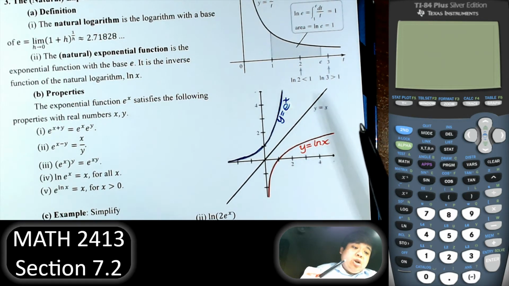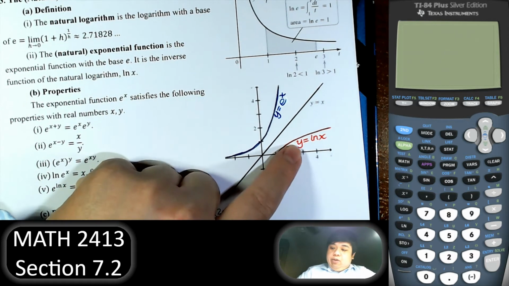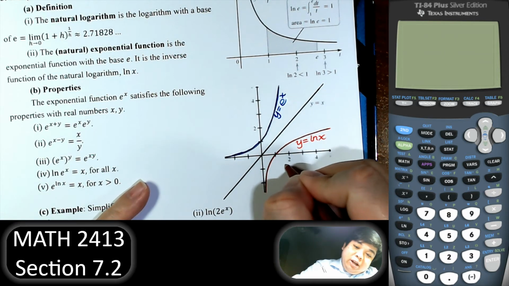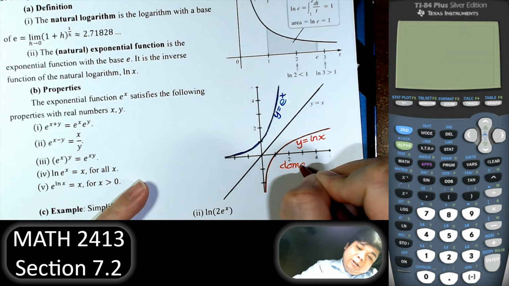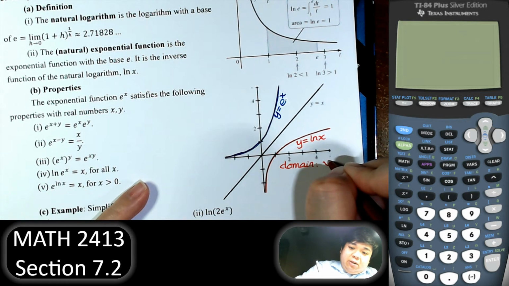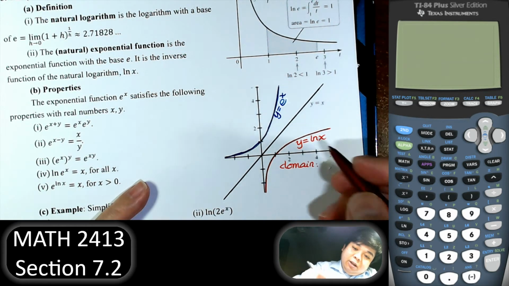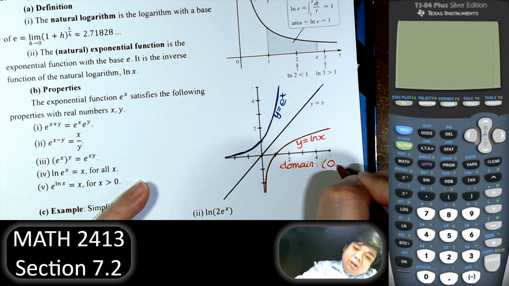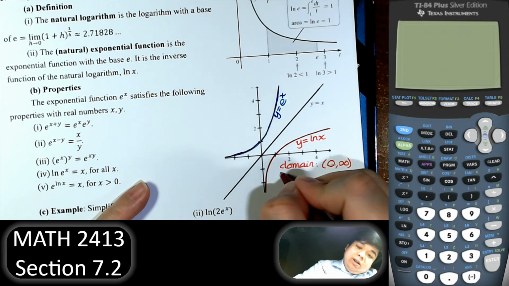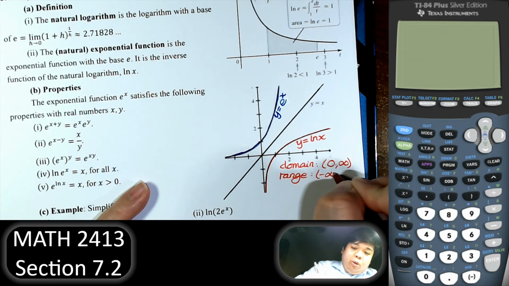And the domain and range also interchange. Here for ln of x, the domain is x greater than 0, or I should say the interval 0 to infinity, and the range is all real numbers.